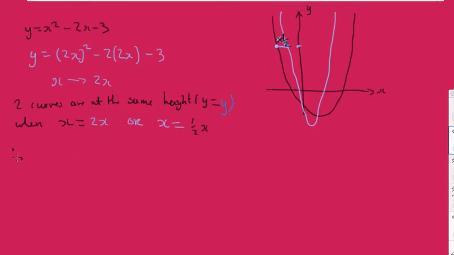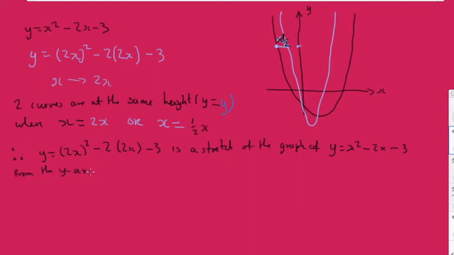Therefore, y equals 2x squared minus 2x minus 3 is a stretch of the graph of the function y equals x squared minus 2x minus 3 from the y-axis.